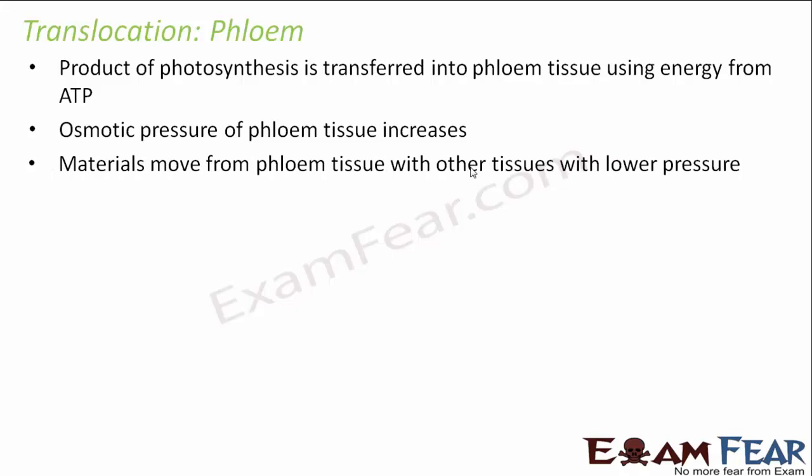That is, materials will start moving from the phloem tissue, which is at higher osmotic pressure, to other tissues which are at lower osmotic pressure, and this actually leads to this process of translocation. So, translocation is mainly governed by the change in osmotic pressure. Due to the transfer of the product of photosynthesis into the phloem tissue, the osmotic pressure of the phloem tissue increases. Therefore, the materials start moving from higher osmotic pressure of phloem tissue to the lower osmotic pressure of the other tissues.